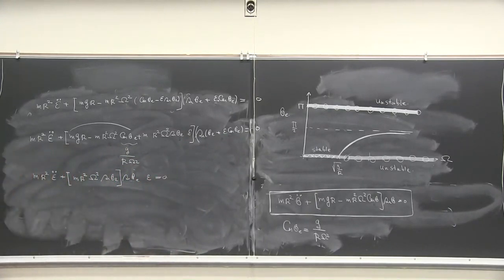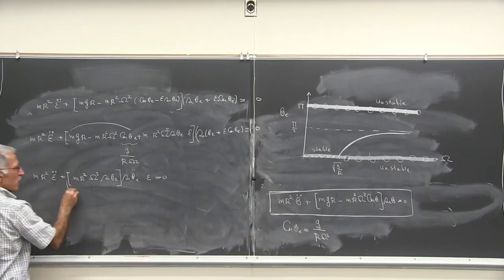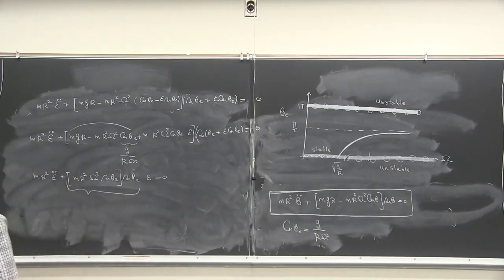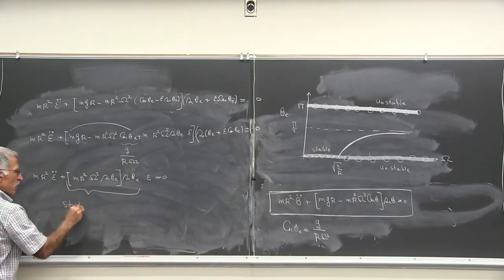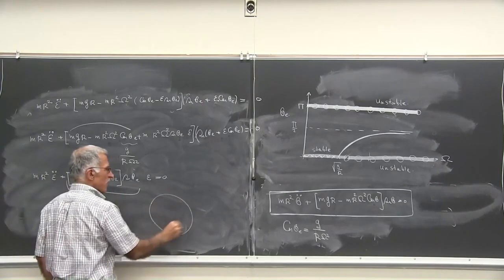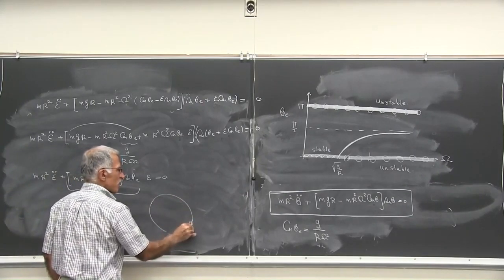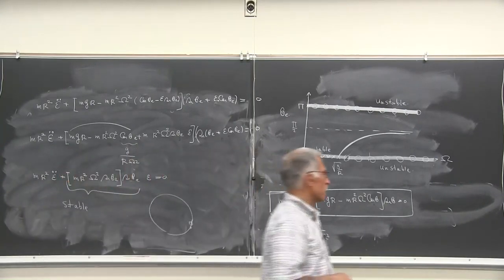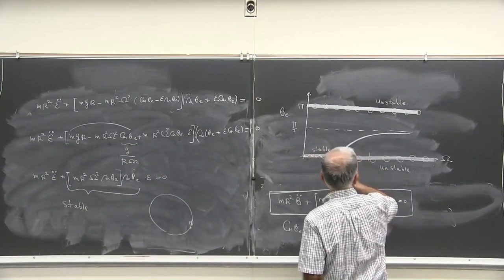As you see, this term is positive no matter what omega is, as long as omega is greater than the square root of g over r. That means the system is stable. If your marble goes to some location at a certain omega and you disturb it a little bit, it doesn't go crazy. It doesn't go off the cliff. So it's stable.